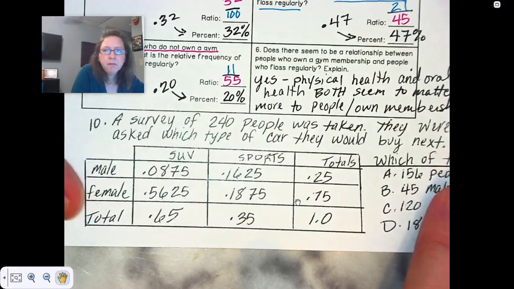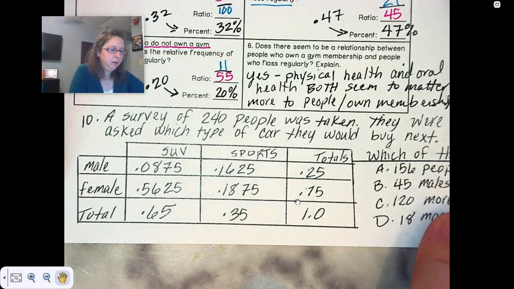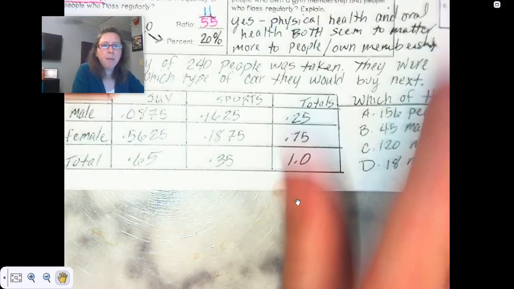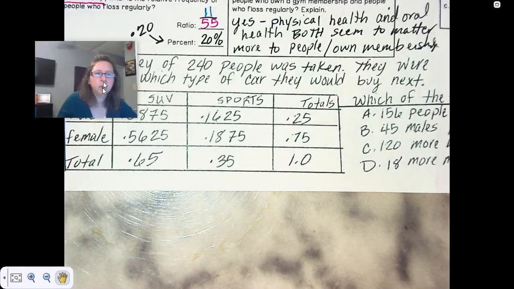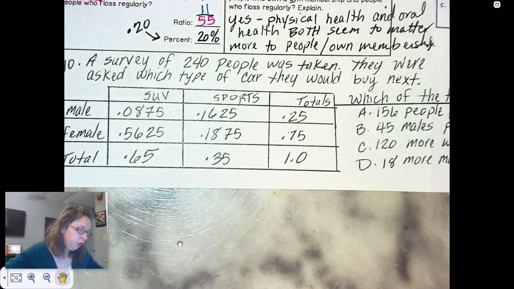So a survey of 240 people was taken. What we're doing in this example is we're going to have to work backwards. A survey of 240 people was taken. They were asked which type of car they might buy next.